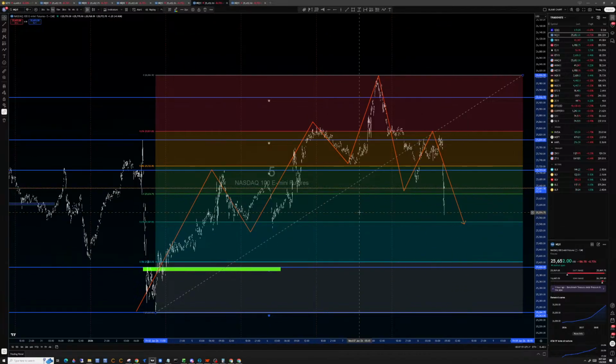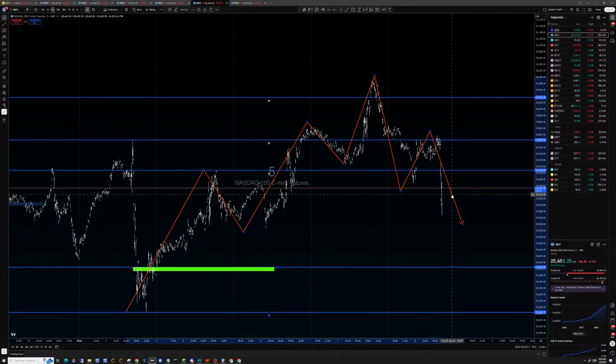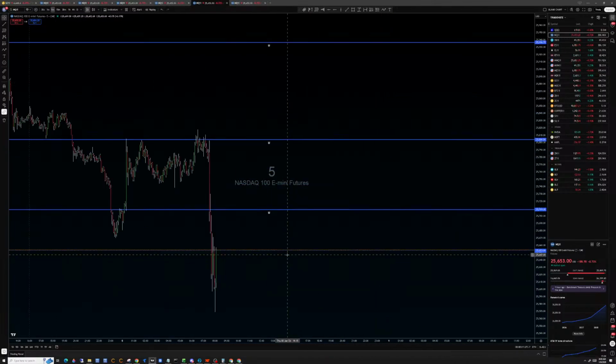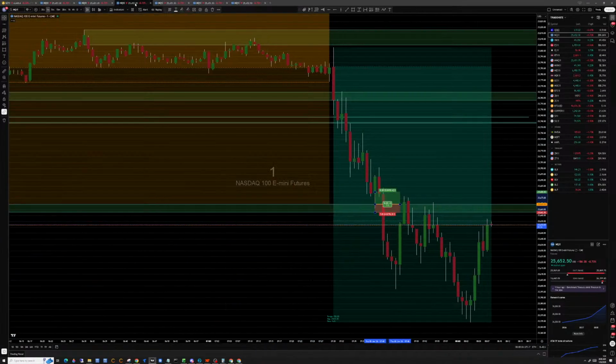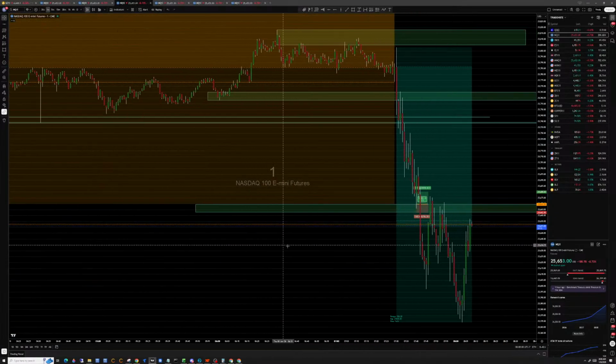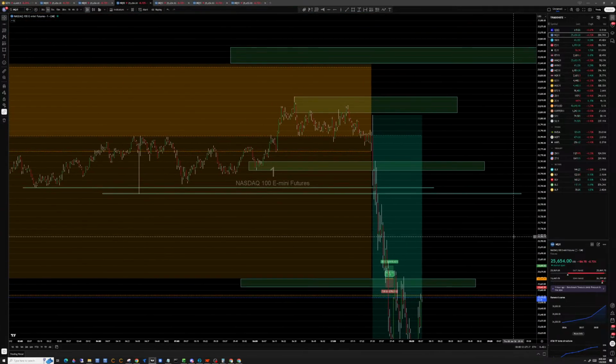Then it does the whole thing all over again. If anything, we can get a fat pullback to the upside this hour. Already got a fat one. Almost 100 points, a good 80 point pullback already.